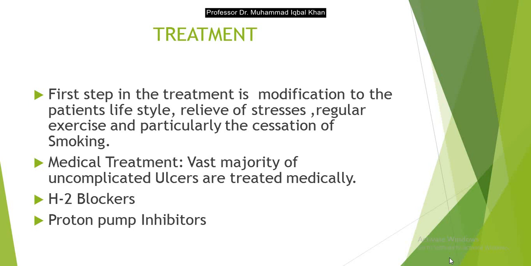Surgical treatment for the acid peptic disease has not been done since 1960 because of the availability of the H2 blockers. And as we have discussed, they work on the histamine receptors. So these H2 blockers are necessary for the treatment of the acid peptic disease.